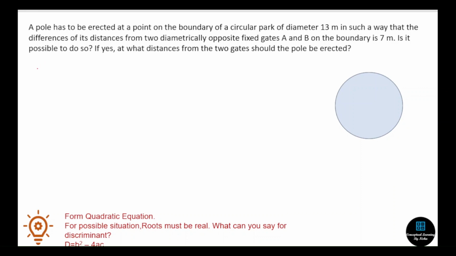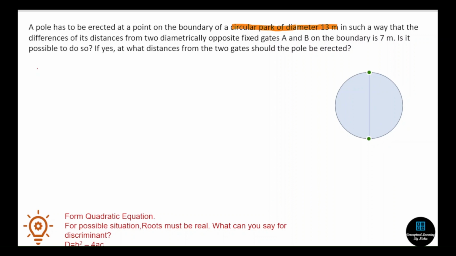Okay. Now it is saying that a pole has to be erected at a point on the boundary of a circular park of the diameter 13 meter. Now, first of all, what it says, the diameter is 13 meter.